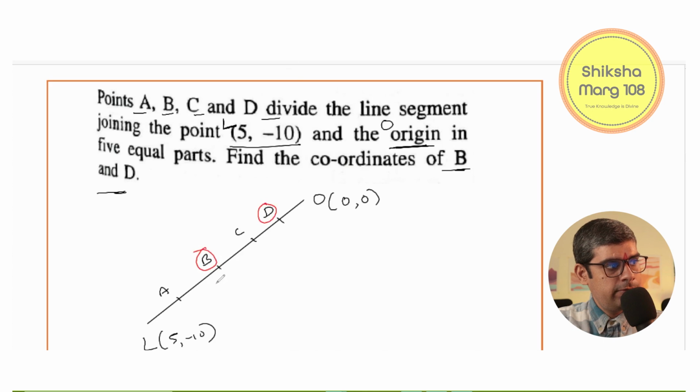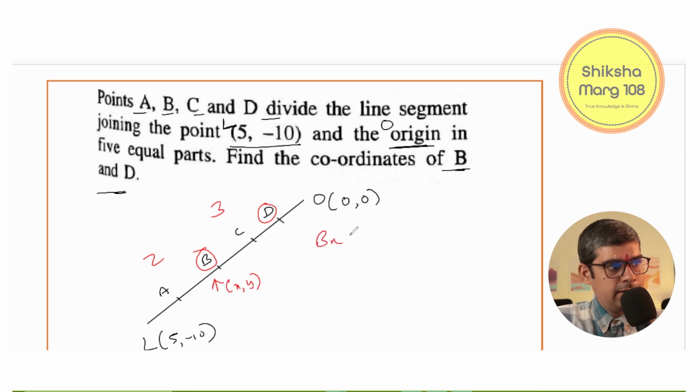So we start off with B first. The idea about the ratio is that since these are equal parts, there are 2 parts over here on the left side and 3 parts on the other side. So that's the ratio, pretty straightforward. So we can now get the coordinates of B quite straightforwardly because we got the ratio and we got the 2 points as well. So let's do that.